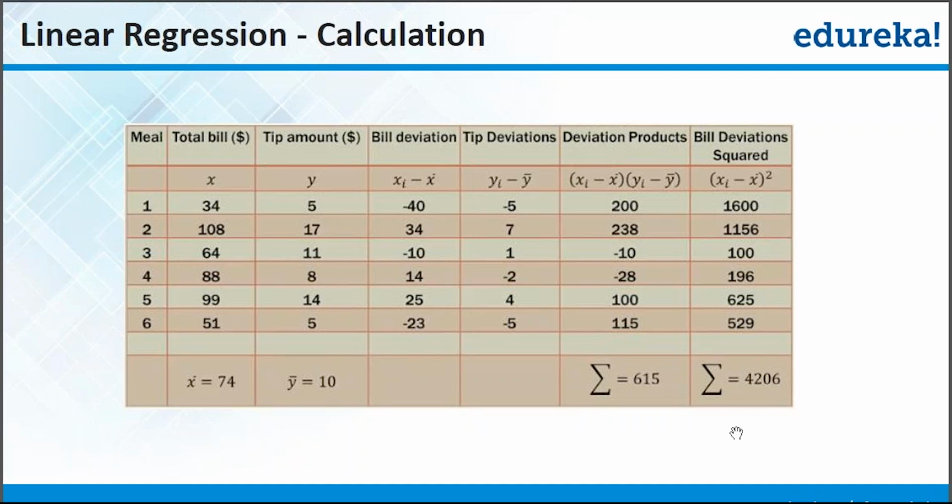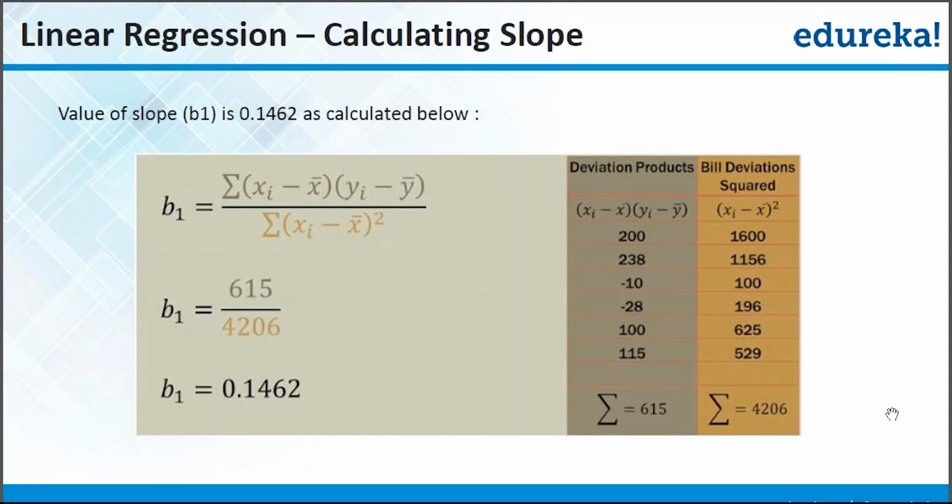They put a total here, and it comes to 4206. I'll see where they have plotted it. I'm not seeing it yet. Value of the slope, calculating it here. Okay, this is the formula they've calculated.